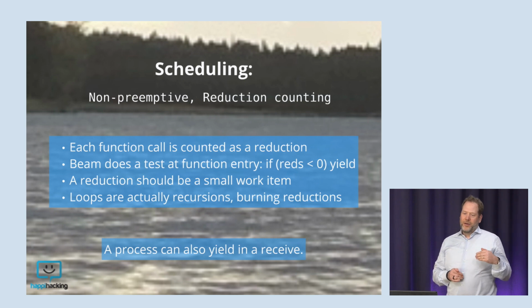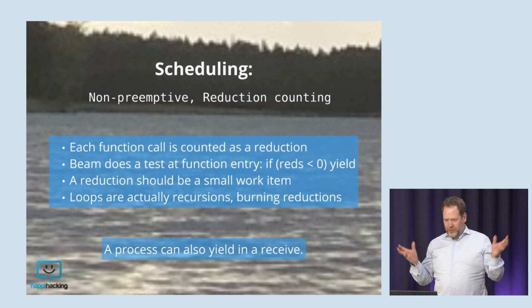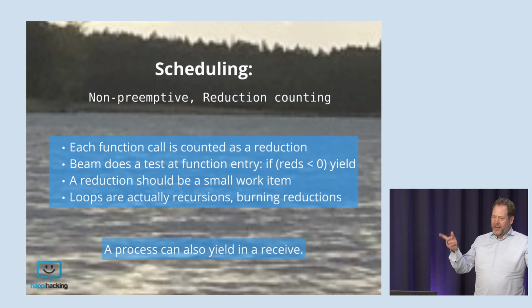But on the Beam level, in the machine level, it's actually non-preemptive. And it uses a thing called reduction counting. Reduction is a word that comes from Prolog. In Prolog, Prolog is trying to reduce two terms until it can find an equality or a binding that makes two terms equal. And each part of that is a reduction.